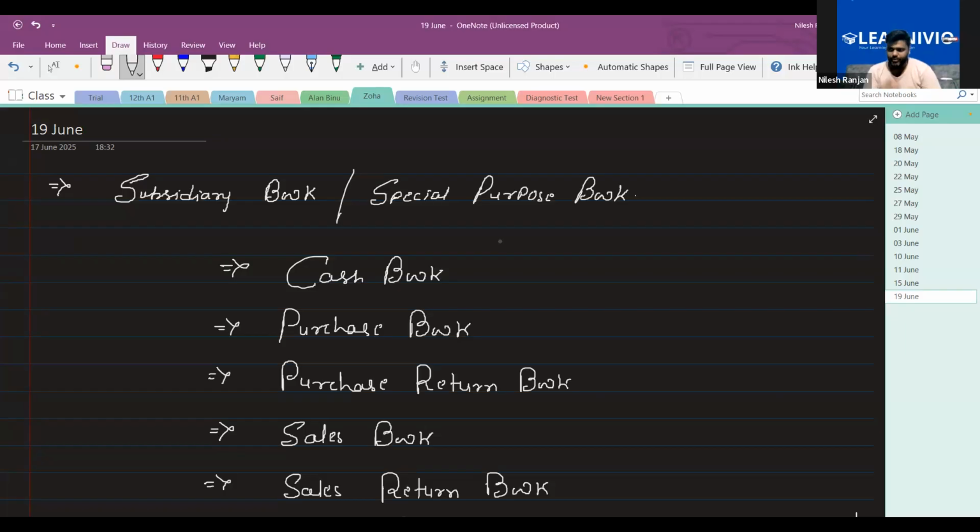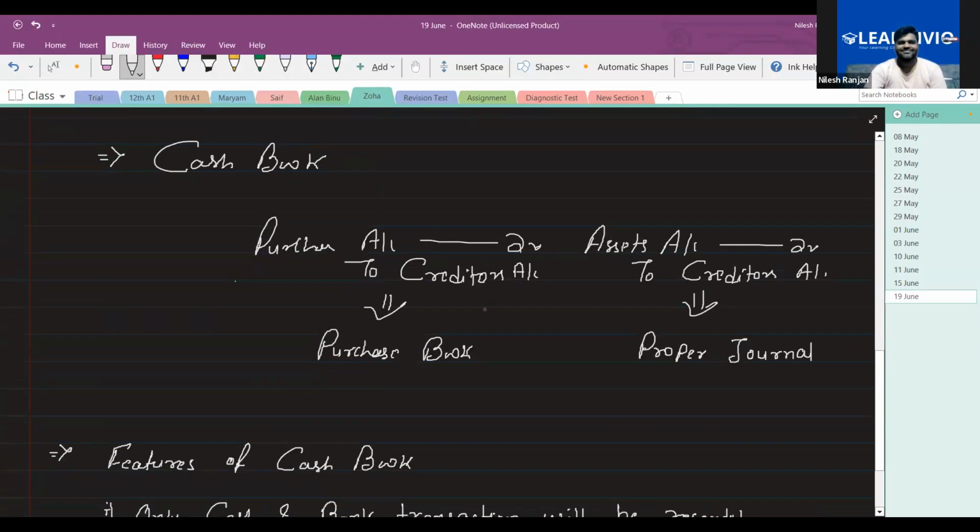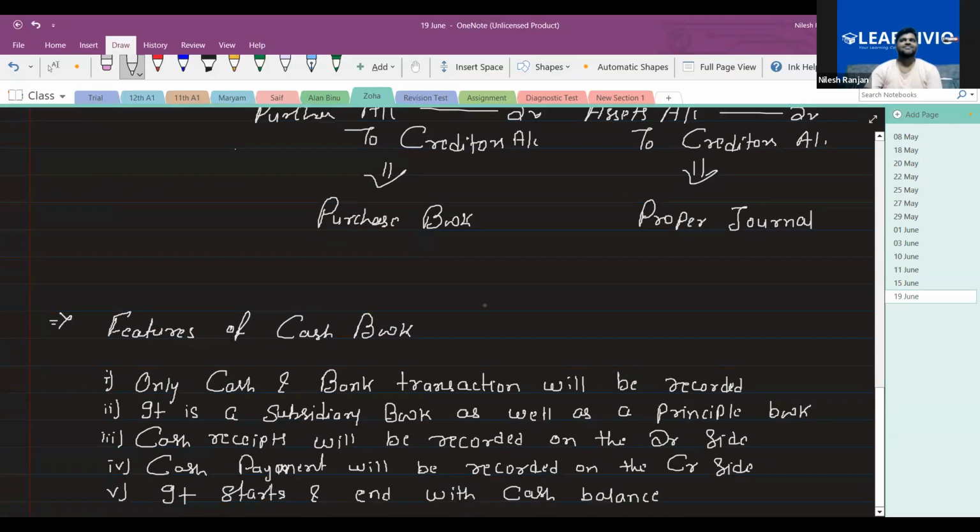So cash book is prepared to record cash transactions, purchase book records purchases. Every book has a separate purpose, so that is why it is called special purpose. Okay, I just wanted to know the meaning. I know the principal book is the main book, and the subsidiary is the helping book.